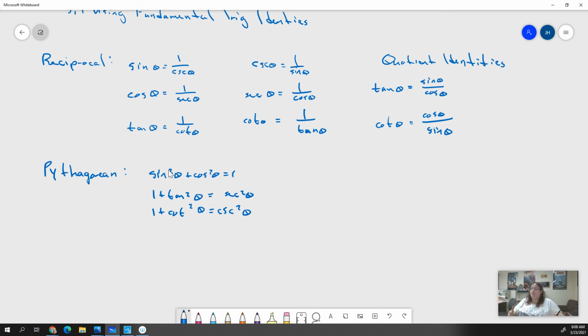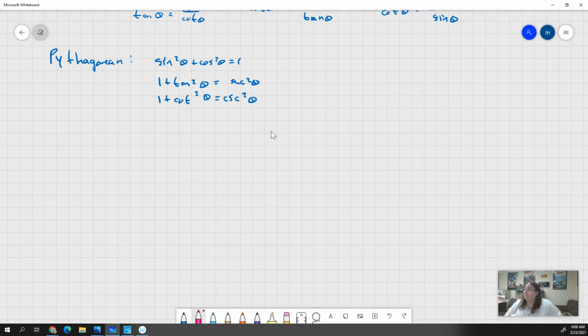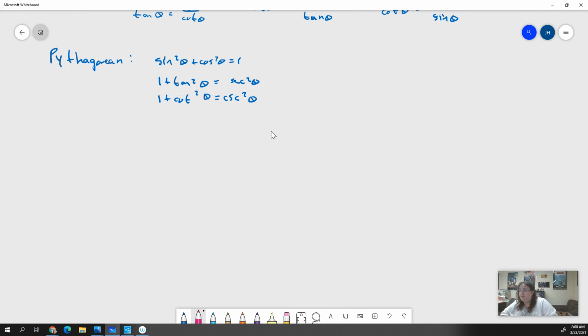We're going to add a couple more that you haven't seen now. So the ones that you haven't seen are the cofunctions, which you've seen a variant of because you saw it with degrees, but now we're going to be doing it in terms of radians.